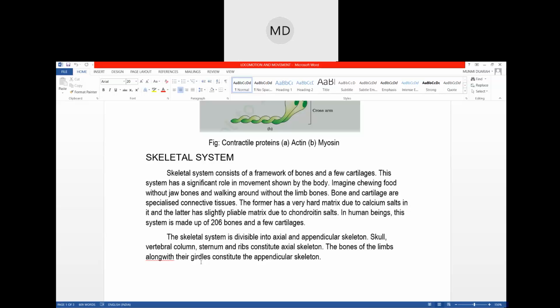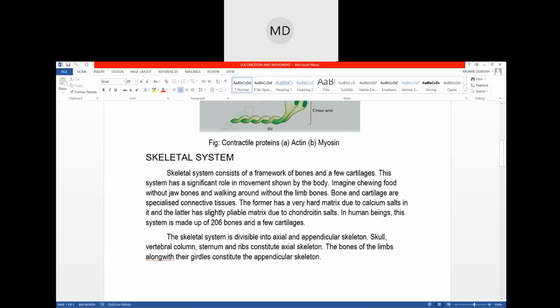If you search Google for pectoral girdle and pelvic girdle, you can see the diagrams. Just go through Google, you will get the structures, the entire skeleton and the labeled diagrams.